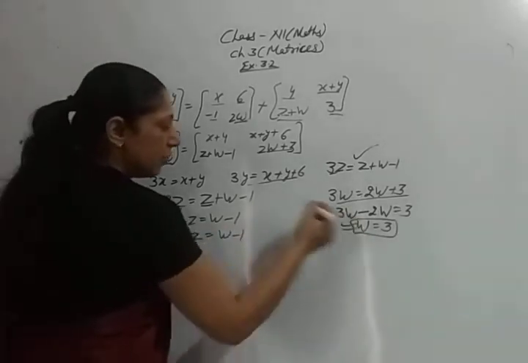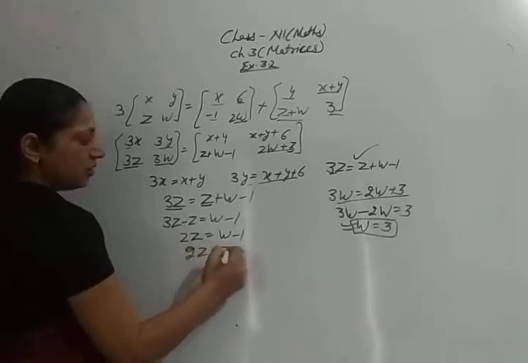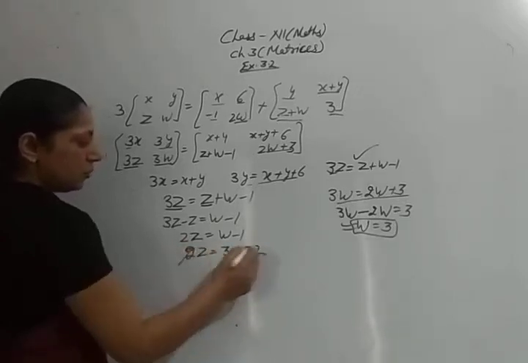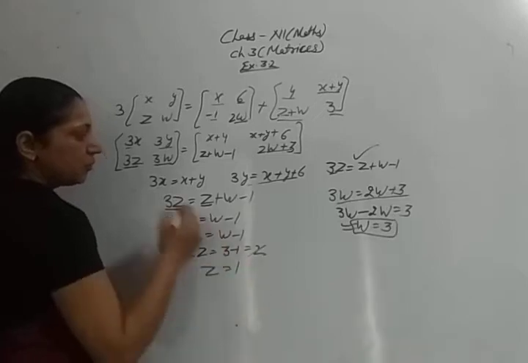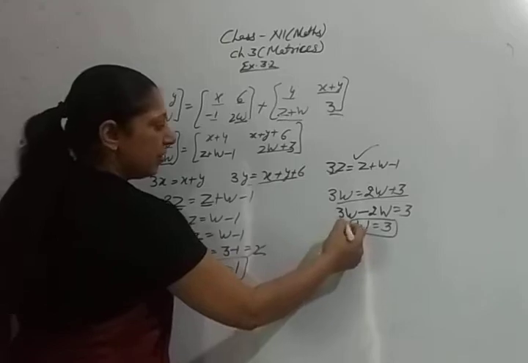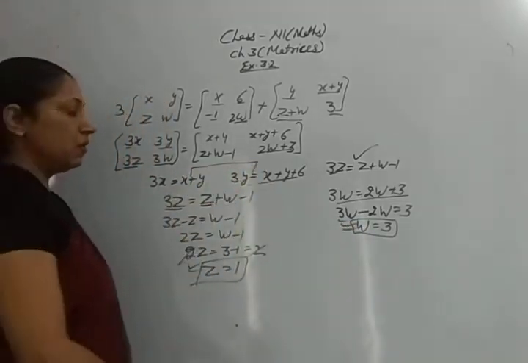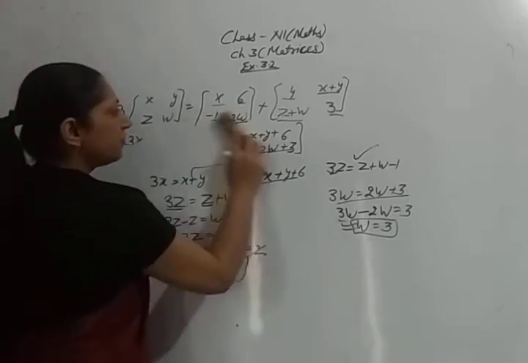Now we can put the value of w, that is 3. It means 2z equal to 3 minus 1, that is equal to 2. 2 cancel, it means z is equal to 1. So we got the value of z and we got the value of w. Now from these two equations we can find the value of x and y.